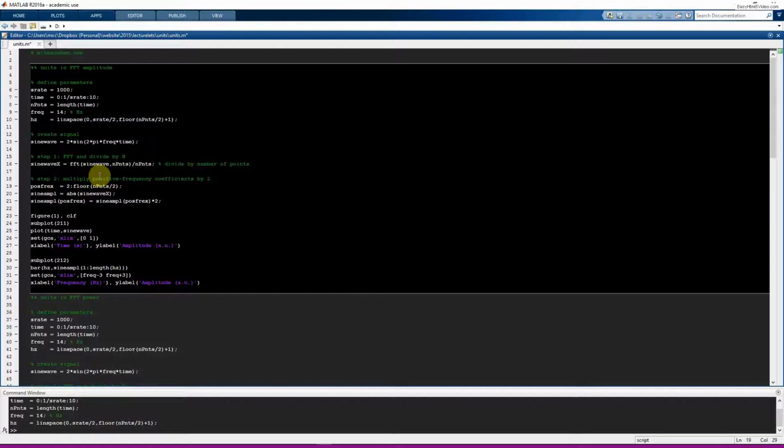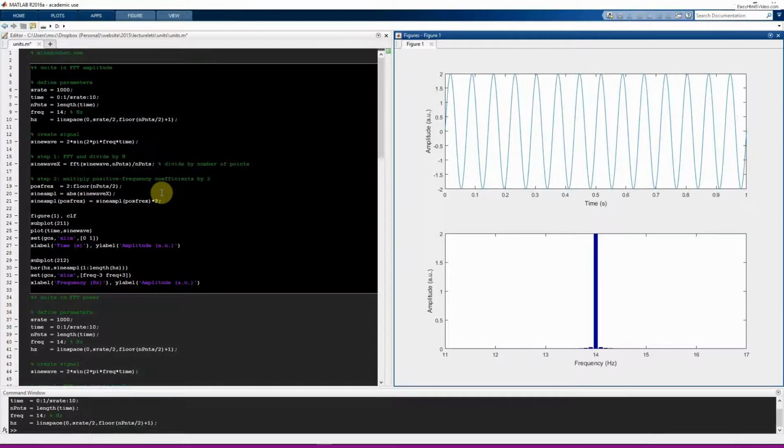So it goes from the second coefficient, up to the Nyquist, but not including the Nyquist. Then those positive frequencies you multiply. So you take the magnitude of the complex Fourier coefficients, and then you multiply those by 2. And that will give you the correct amplitude.